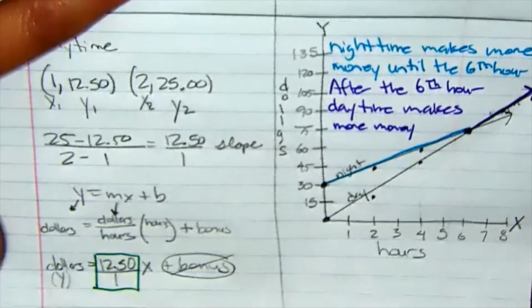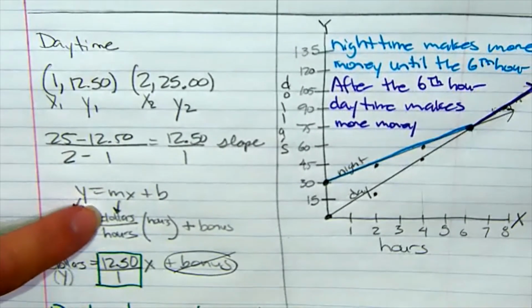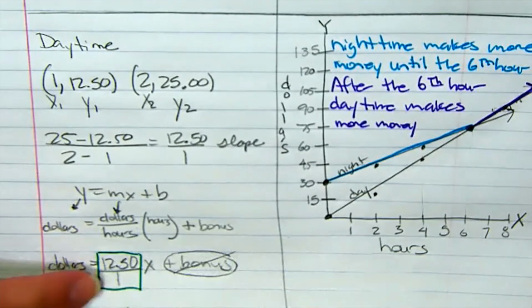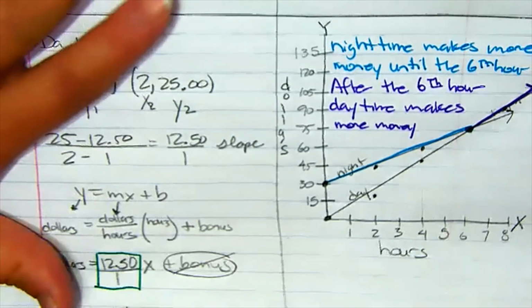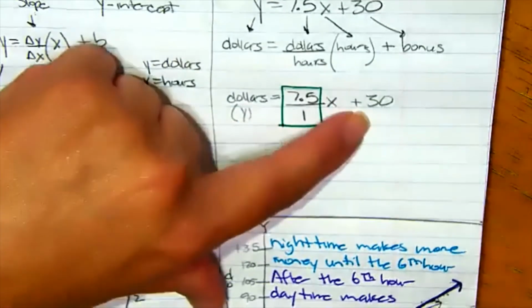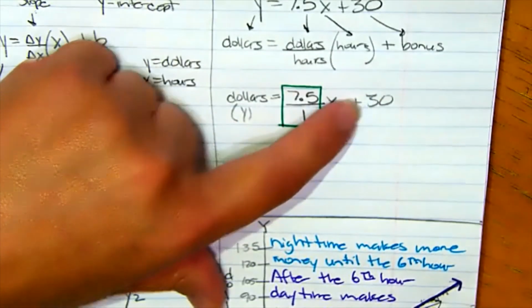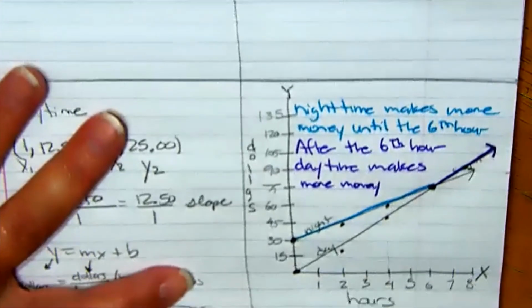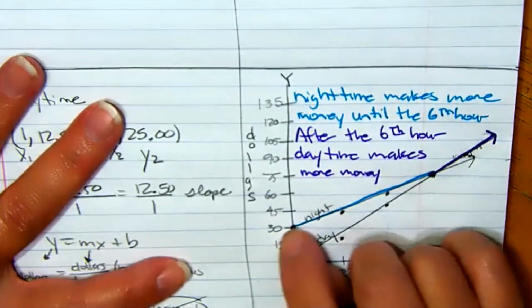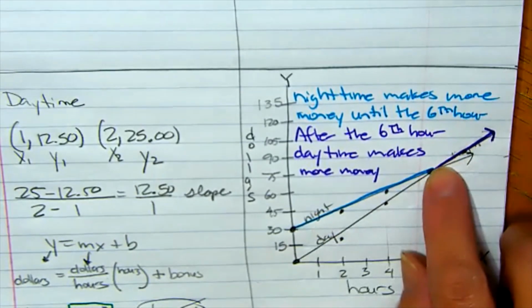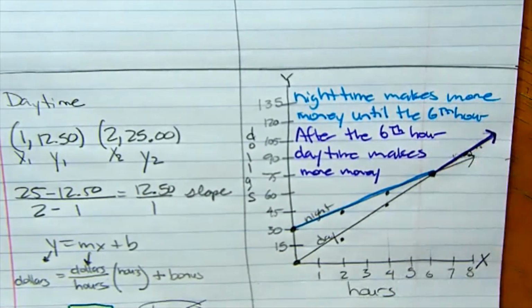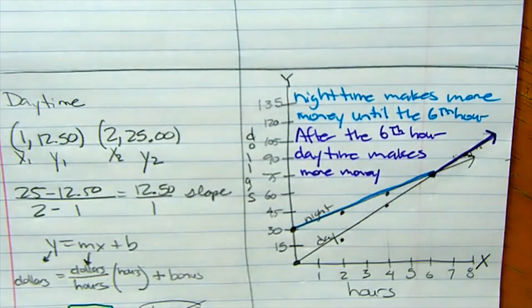And here the slope is telling us dollars per hour. So we know daytime makes more dollars per hour, but the nighttime is getting this $30 bonus. So when we graph them, we can see nighttime makes more money, but after 6 hours, daytime makes more money. So it's just a matter of understanding what all the parts mean.